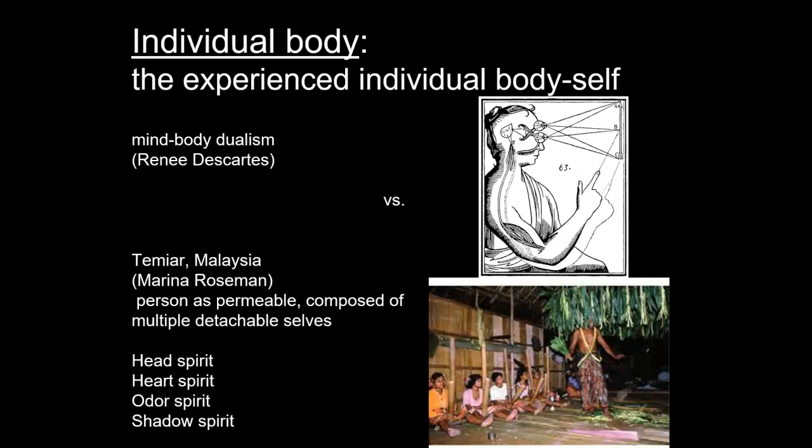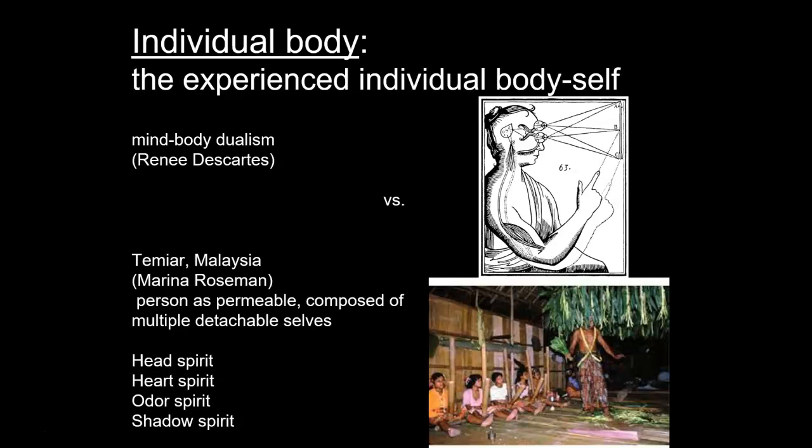So contrary to the mind-body model on the top, the Temiar conceptualization of a person is as permeable. That is, the person is composed of multiple detachable selves. And Roseman describes these selves, which take the form of spirits.